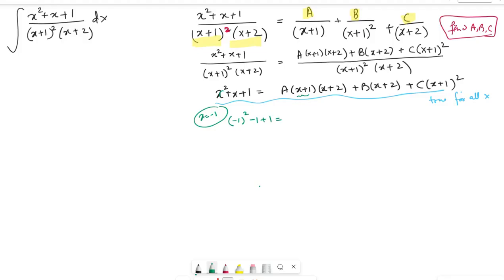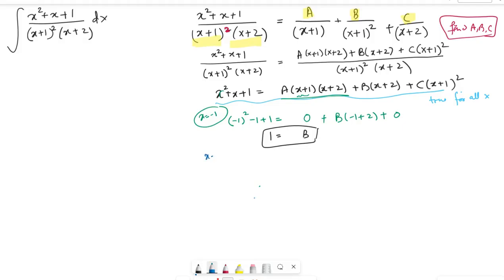When I put -1 here, this whole thing will become 0 because -1 plus 1 is 0. So this whole thing will become 0 plus B times -1 plus 2, plus this also will become 0 when I put -1. So what we'll have left is 1 equal to B. So we got B value from x equal to -1.